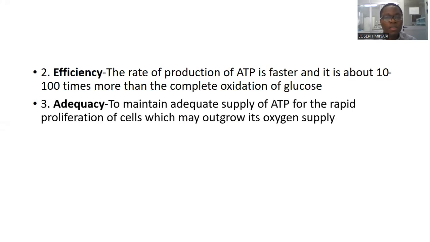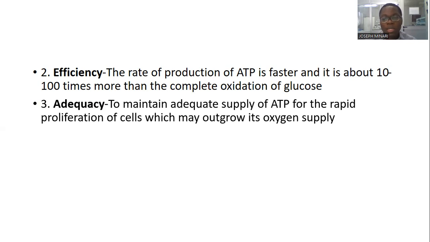And the number three reason is the proliferating cells. So now that the cells are proliferating rapidly, they need sources of ATP as quickly as possible because the complete oxidation actually requires oxygen. And the rapid proliferation of the cell may actually outgrow the oxygen supply.